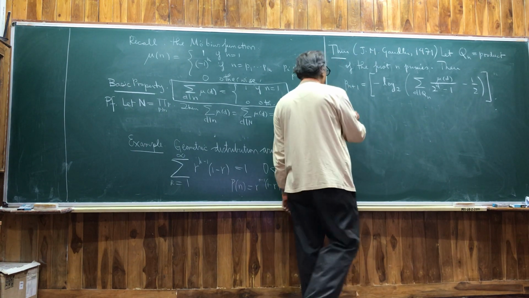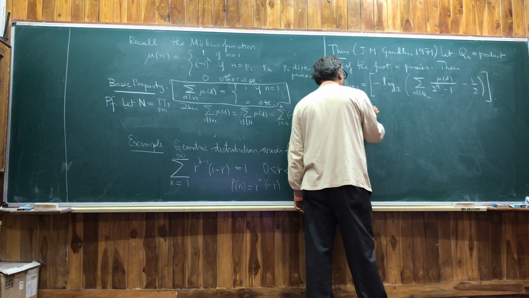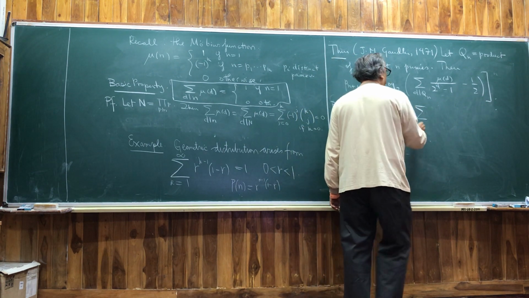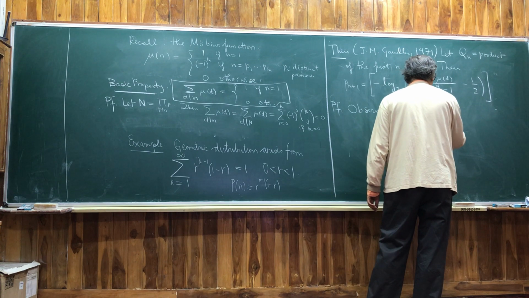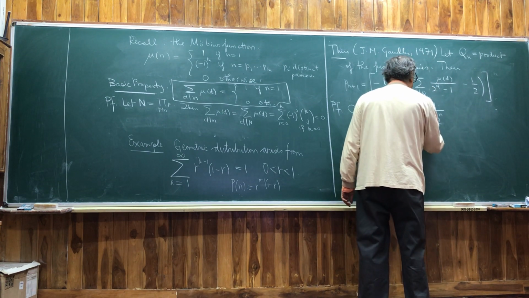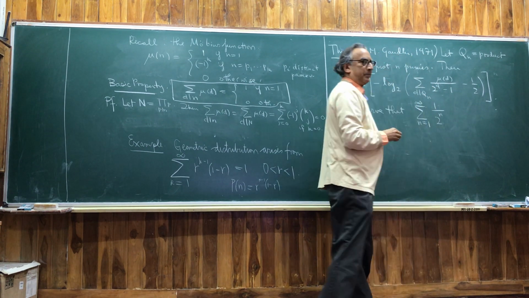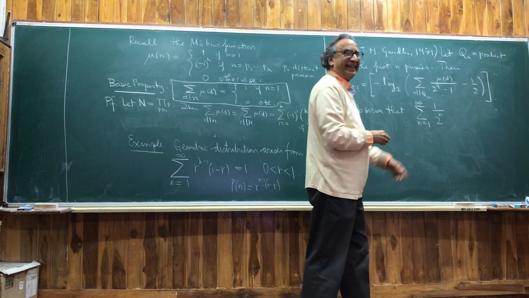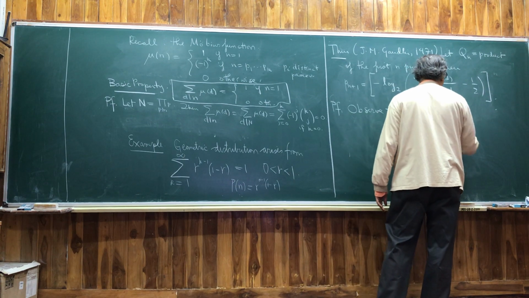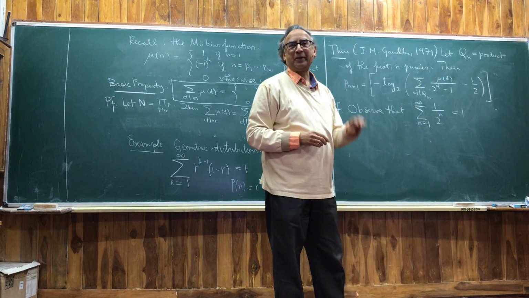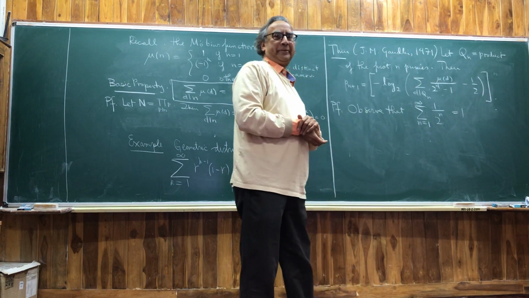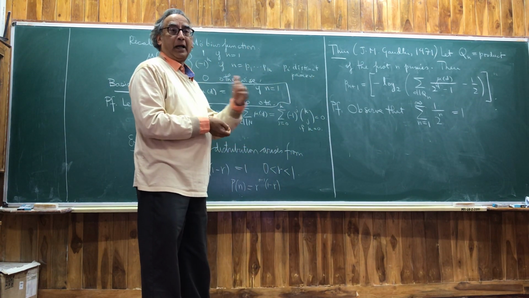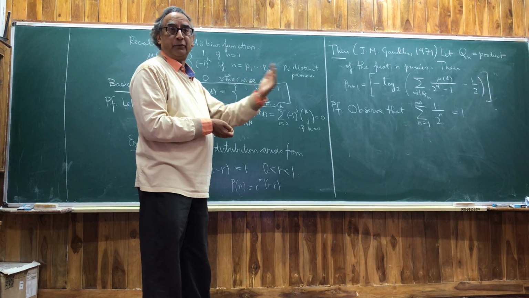So observe that the summation of 1 over 2 to the n, going from 1 to infinity, is what? 1/2 plus 1/4 and so on, so it's 1. By the philosophy we were talking about, every time you see a summation adding up to 1, you can develop a distribution.